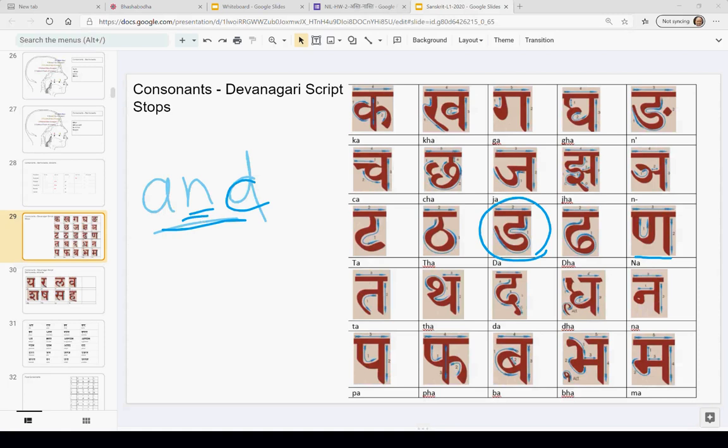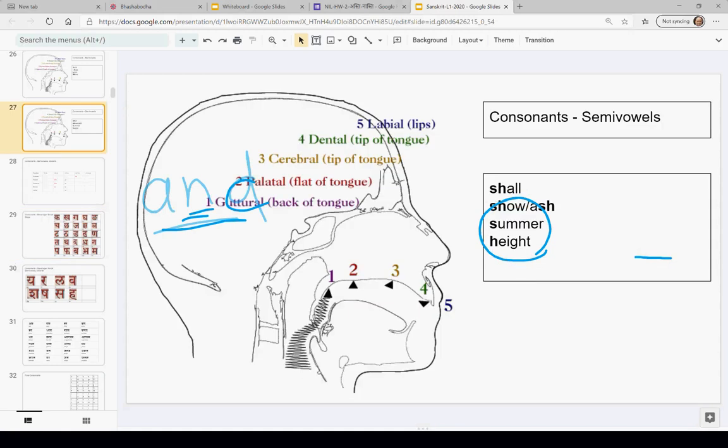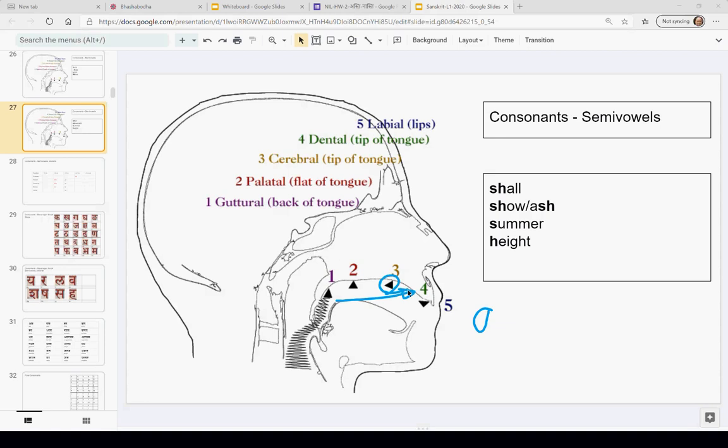What I have heard is that especially in English this position doesn't exist. The native speakers mostly use this position here in between, like and. But for me, I use this position, and. In Sanskritam, there are many words like anda. Anda is egg. So this is a da letter. So before that we have the anunAsika.